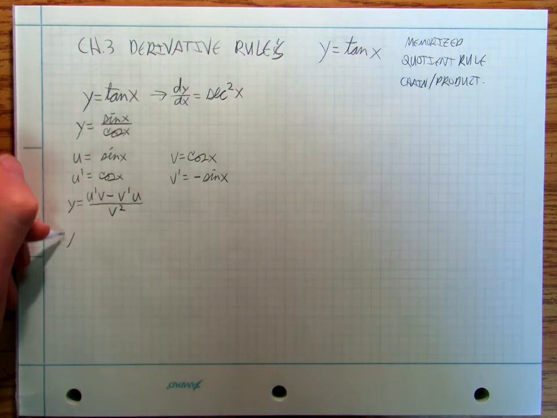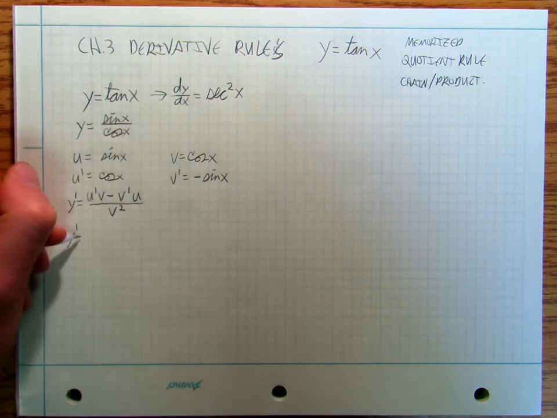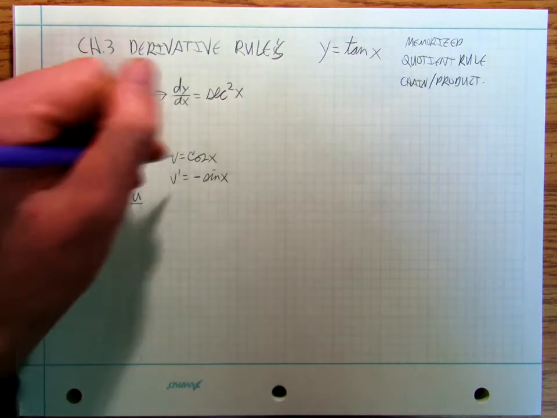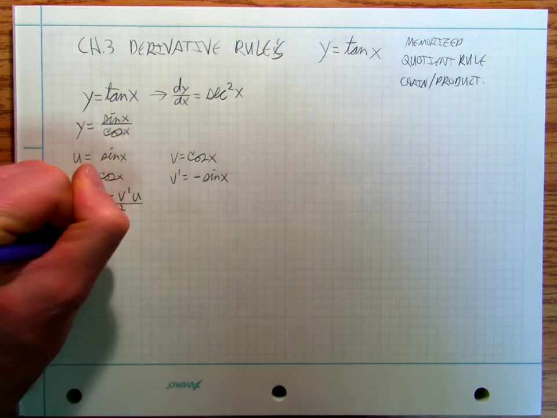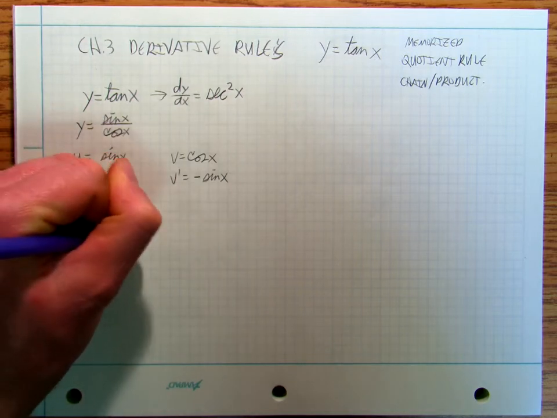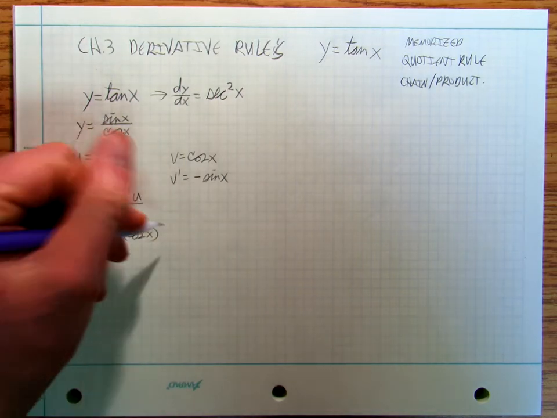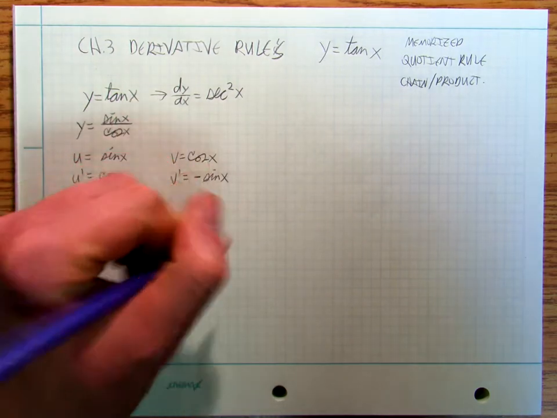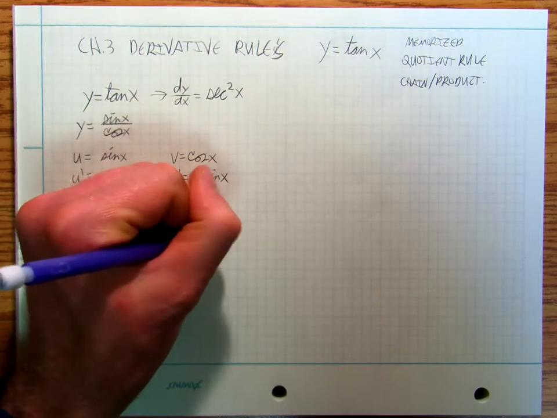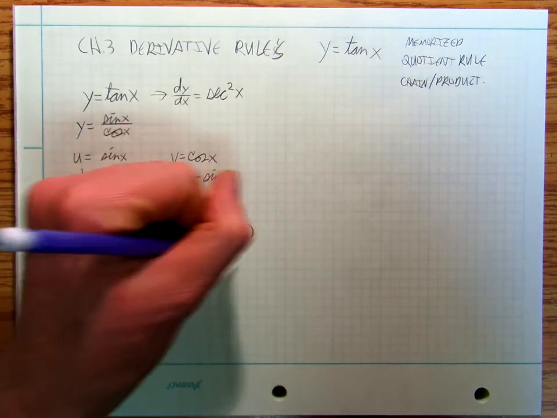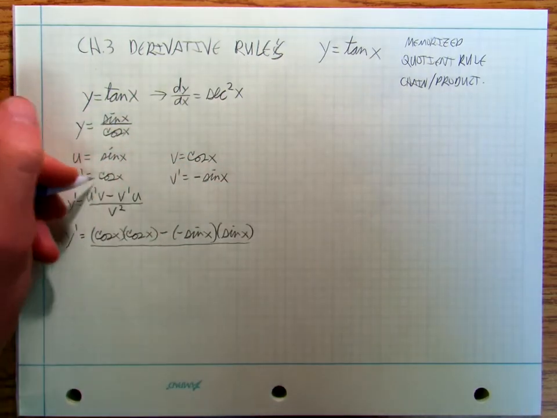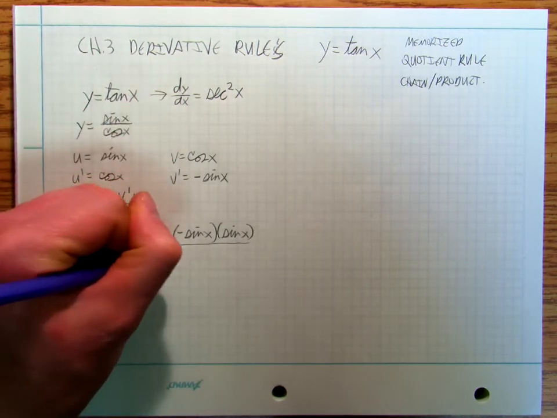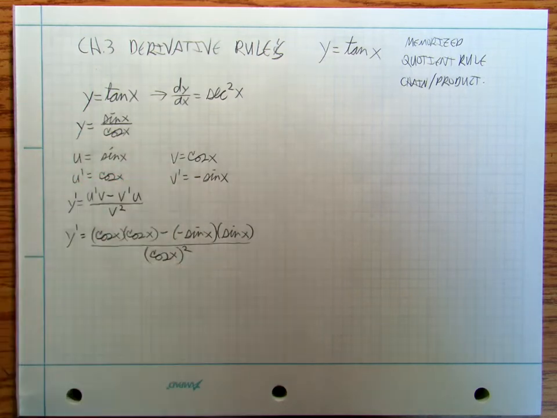So we get y prime is equal to cosine x times cosine x minus sine x times sine x, all over v squared.